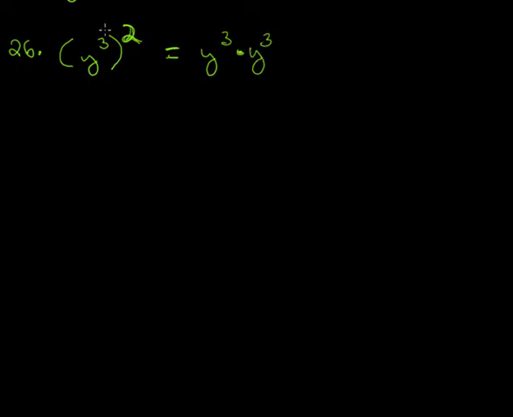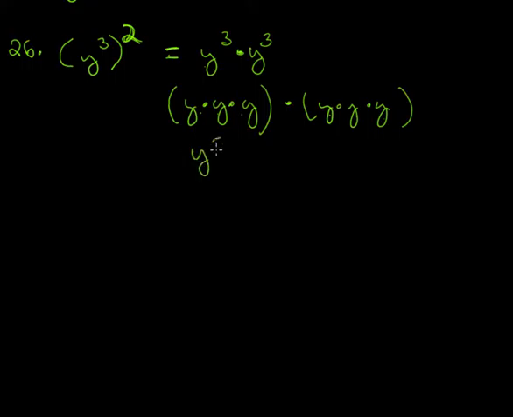Because it's asking us to take everything in parentheses and multiply it twice. Well, that's the same as y times y times y times y times y times y. So let's count these up. 1, 2, 3, 4, 5, 6. So y to the sixth.